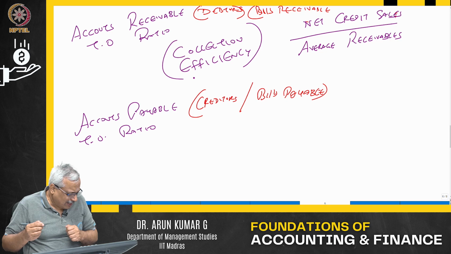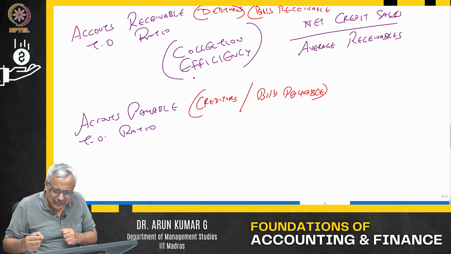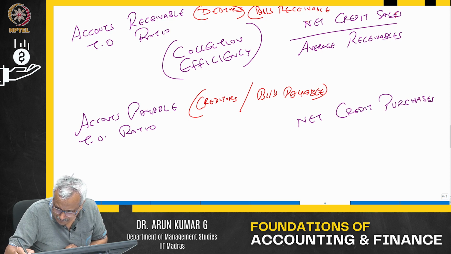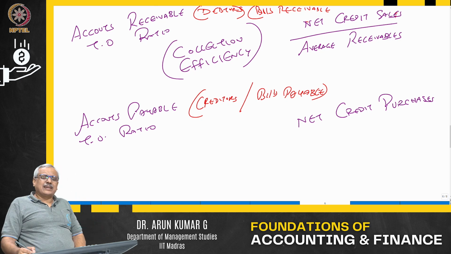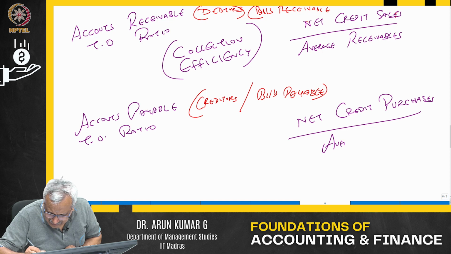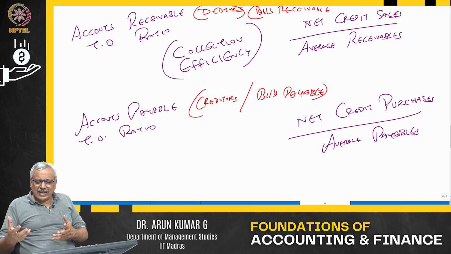Similarly, in the case of payables, it is net credit purchases divided by my average payables. So, again what is it?